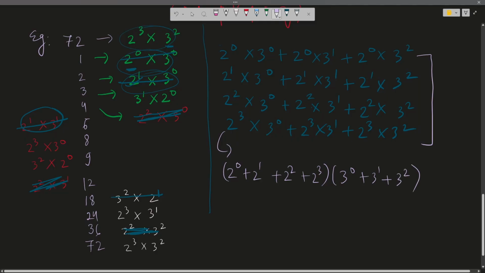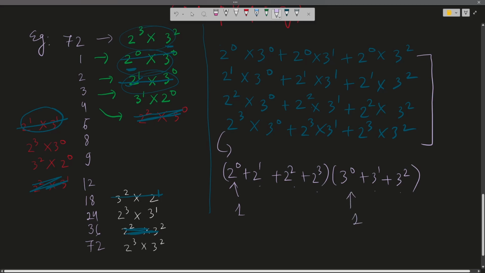What you observe here is how many factors of 2 we have taken: 1, 2 and 3, and adding 1 to it. How many factors of 3 we have taken: 1, 2, and adding 1 to it.